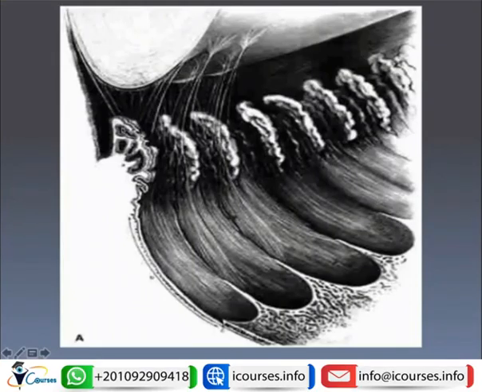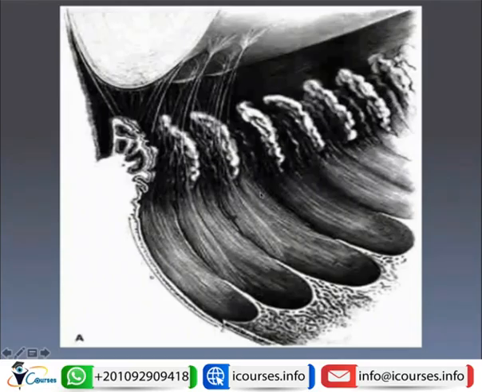The ciliary processes are 70. If you count, this will be 70, and they will give rise to the attachment of the zonular fibers attaching to the equator of the lens, extending more anteriorly than posteriorly. The color of the ciliary process is white, in contrast to black valleys in between.